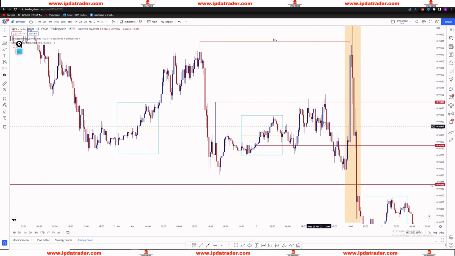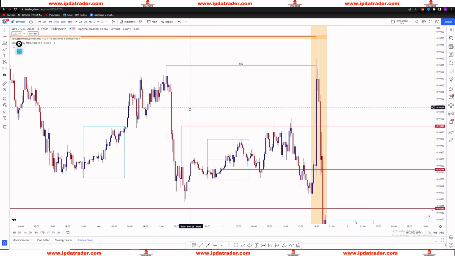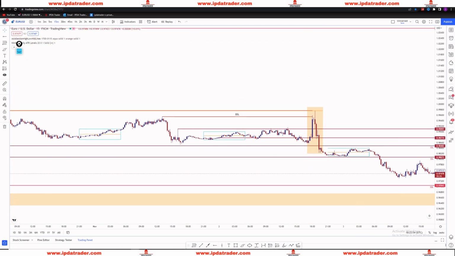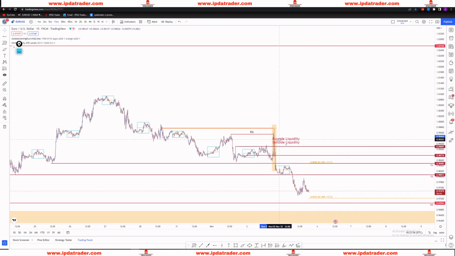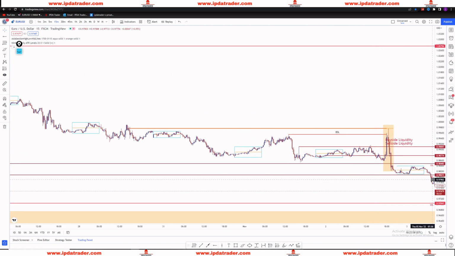Whenever you're looking for price to reverse, more often than not, it is not going to reverse until buy side liquidity has been cleared. So if you're looking for sells in any market, and this applies to everything, you want to see buy side liquidity being captured first. Only after buy side liquidity has been captured, you can think about taking a trade in the opposite direction, right?